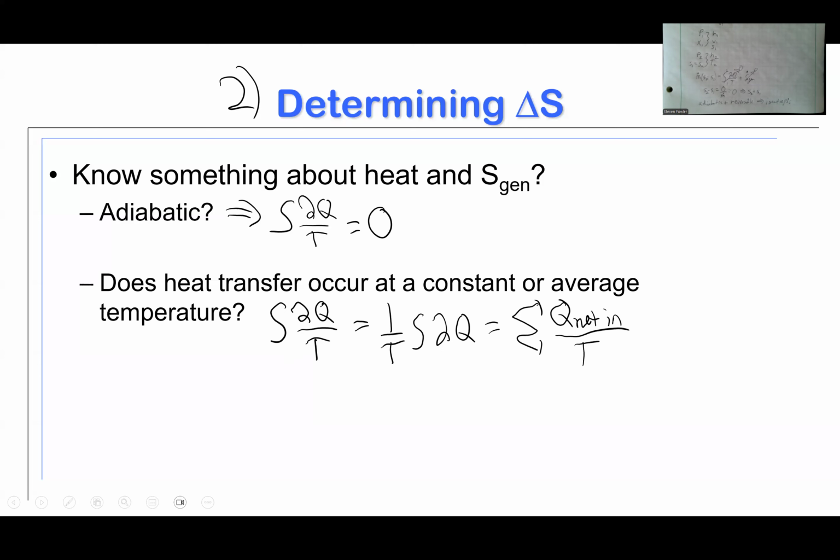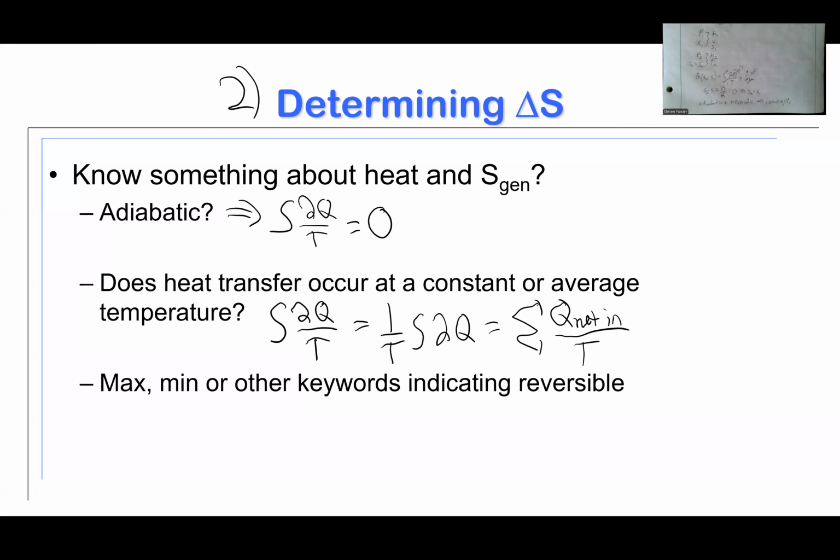It's kind of a weird way to write it. It's not how I would word it on a test problem, but you can encounter a situation where they'll give you this quantity. Otherwise, your main options in this class with me are that it's either 0 or it's going to become Q over T, where in is positive and out is negative.